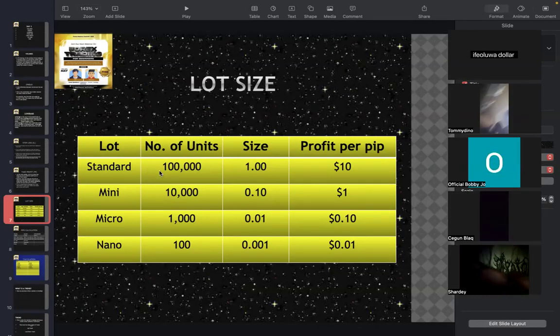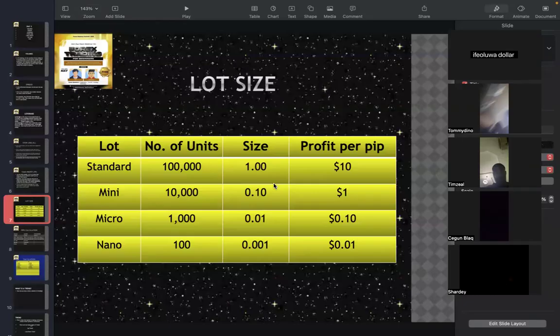Standard is a size of one lot. You can't use a one lot size on a small account like $5, $20, $100, $200, $500, because of risk management.